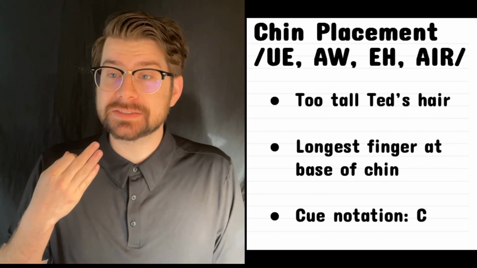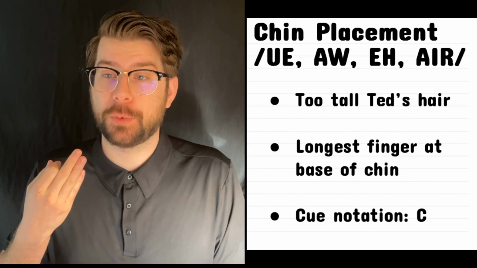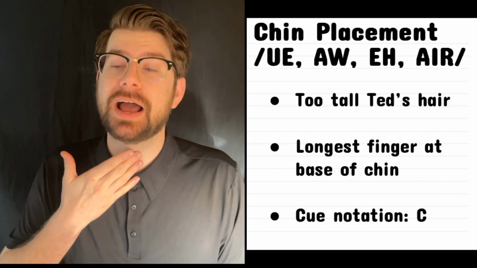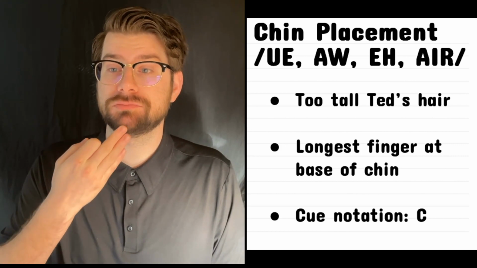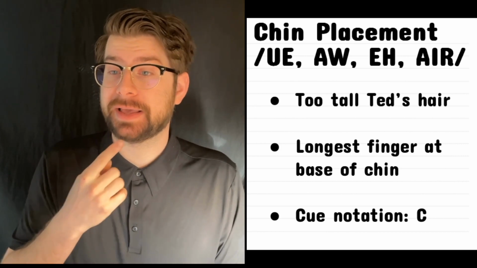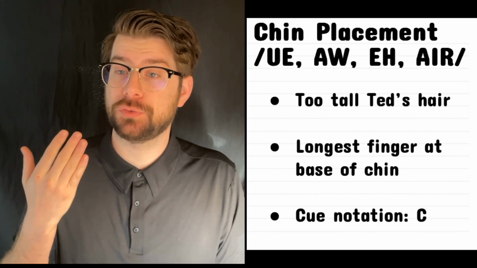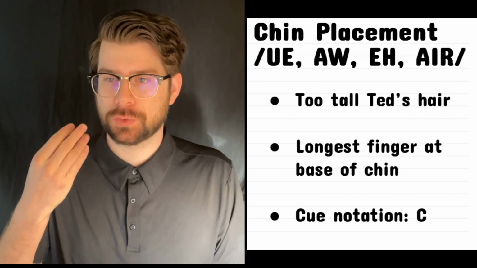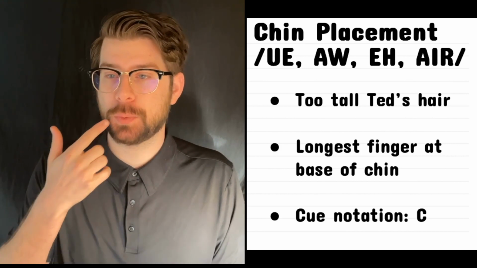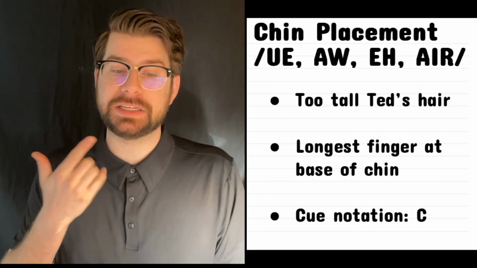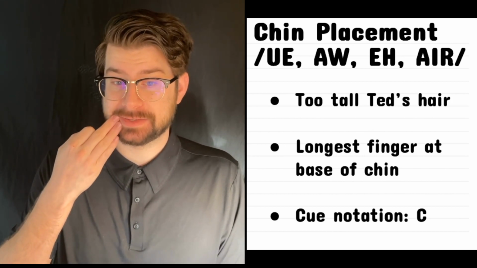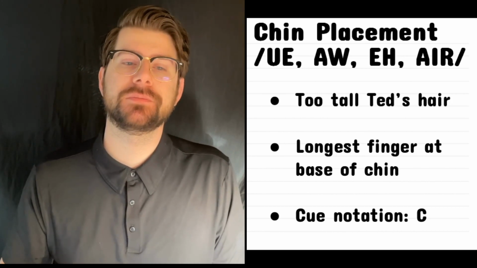To cue this, we're going to put our longest finger at the center of our chin, for the 2 hand shapes that we know so far. And the cue notation is going to be C for chin.